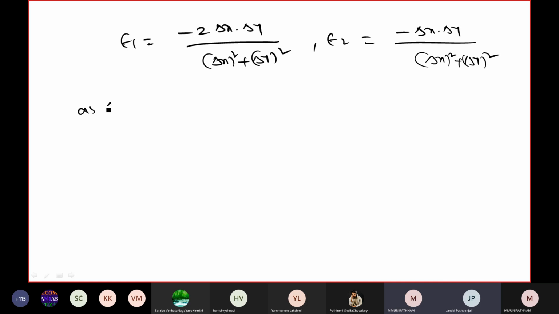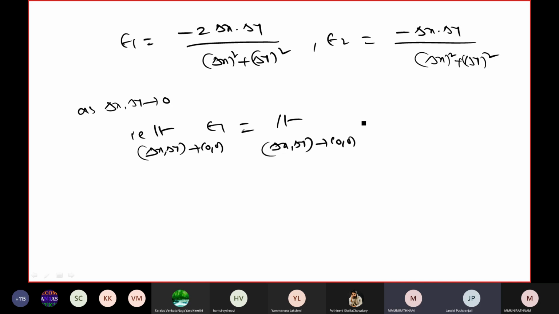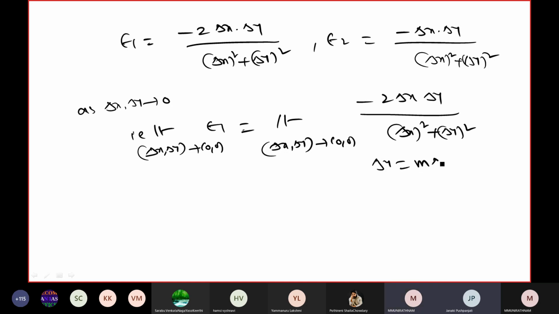So as delta x comma delta y tends to 0, that is limit delta x comma delta y tends to 0 comma 0, epsilon 1 as limit of minus 2 delta x delta y by delta x whole square plus delta y whole square. ఇక్కడ కూడా డెల్టా వైని m డెల్టా x అనుకుంటాను. అప్పుడు డెల్టా x ఒకటే మిగులుతుంది.